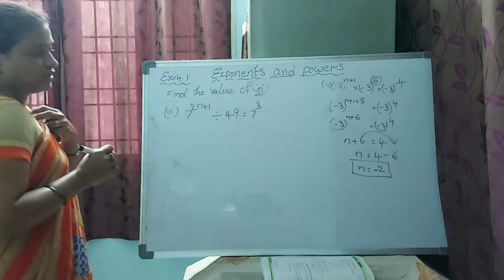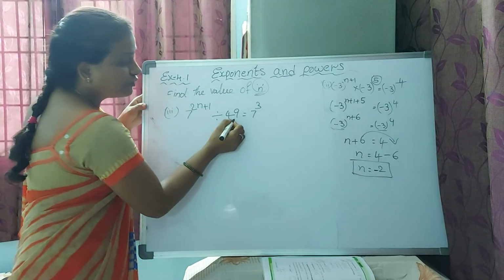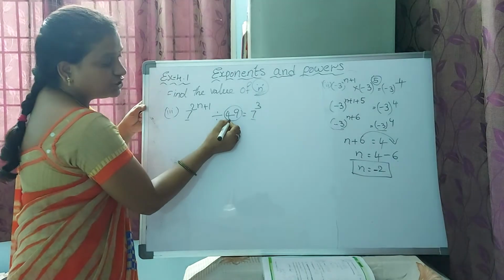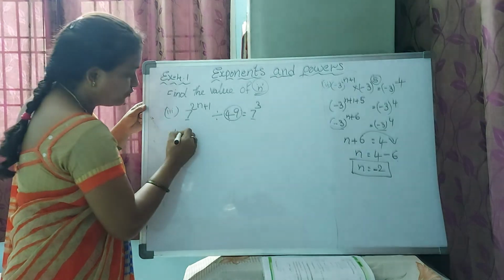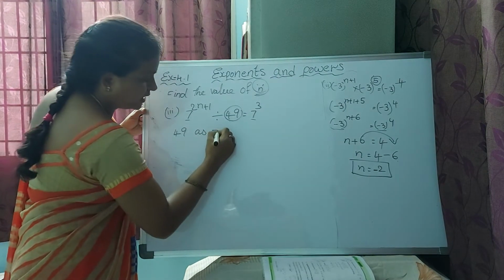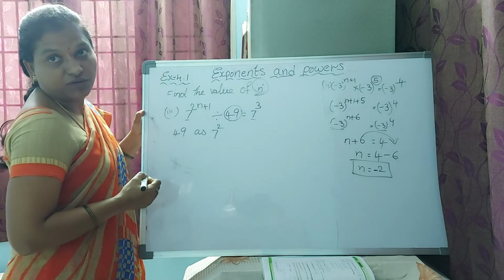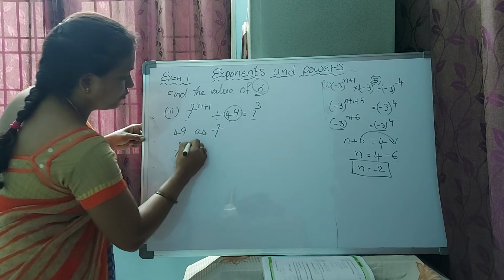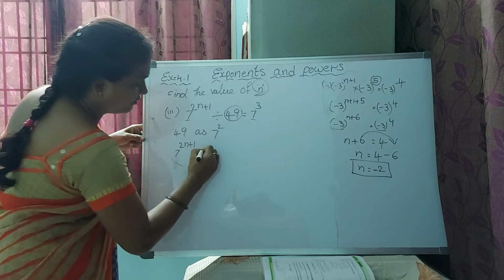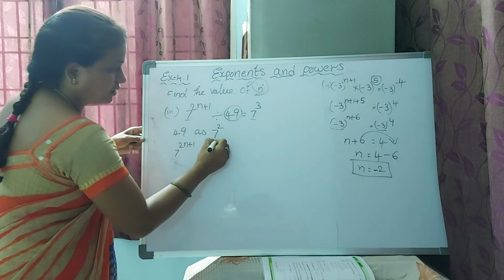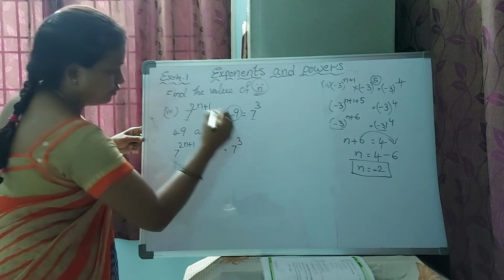If you observe, all bases are 7. We can write 49 as 7 square, 7 into 7. So 7^(2n+1) divided by 7^2 is equal to 7^3.